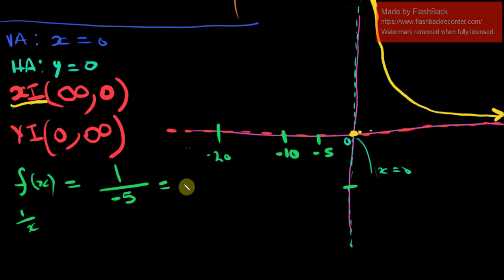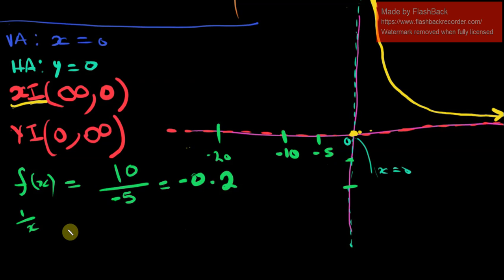This is the same thing as, let's do the division, negative 0 point, add a 0, and then 10 divided by 5 is 2. So that's minus 0.2, somewhere there.